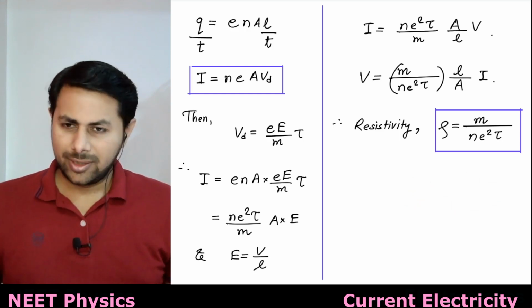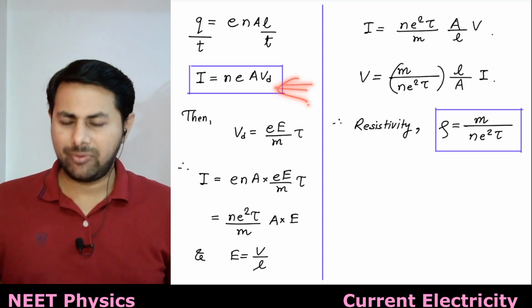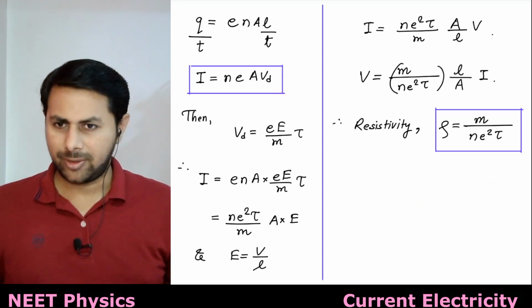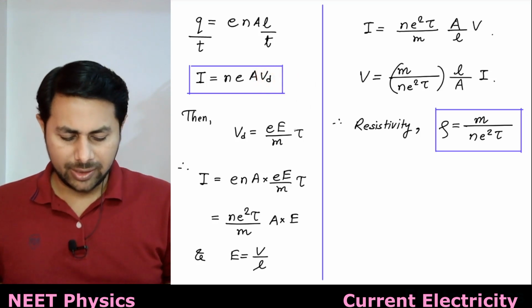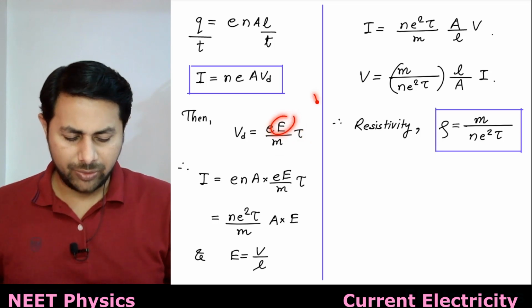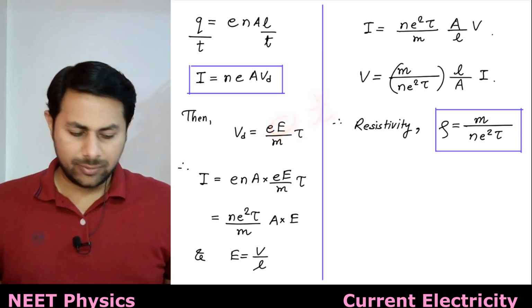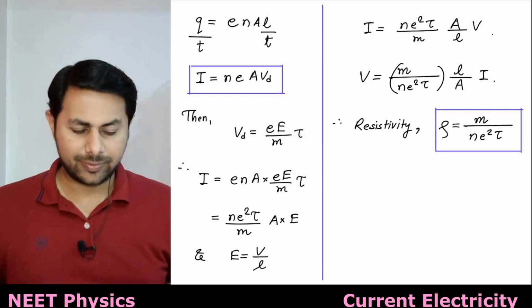Is this clear? So this equation is equivalent to Ohm's law. We haven't done anything, we have just substituted Vd is equal to eE by m into tau, and we have substituted that E is equal to V by L. So this equation is equivalent to Ohm's law.